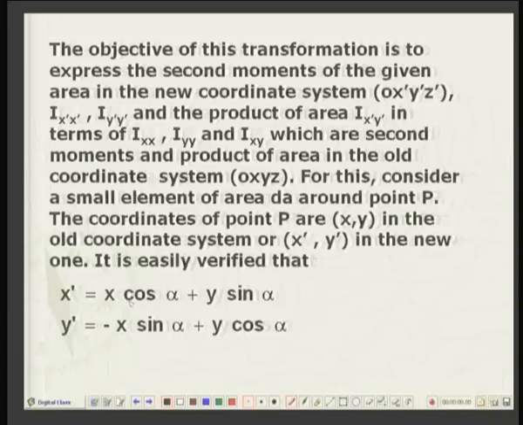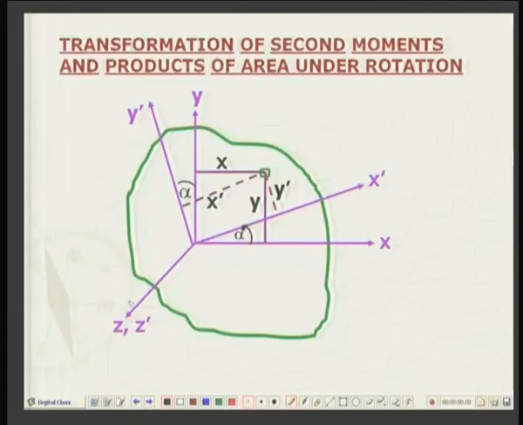Going back to the figure, suppose I consider an arbitrary small element of the area, having dimensions dx and dy. Now, this element has coordinates x and y in this plane, and in the new coordinate system the coordinates of the same element are x dash, y dash.